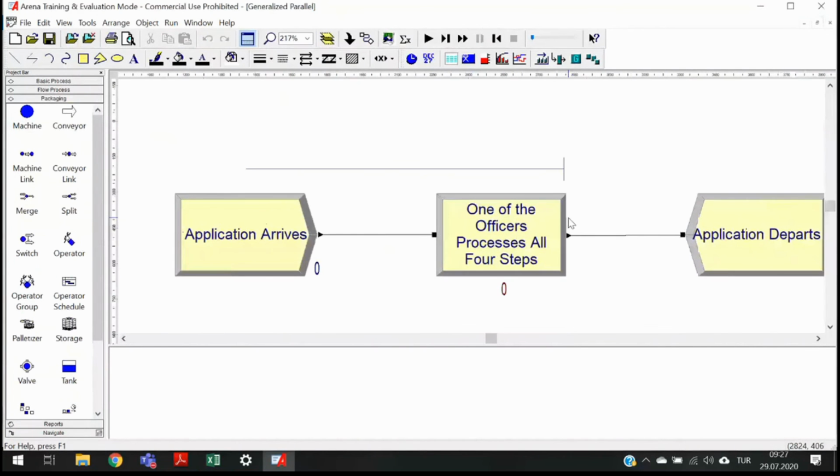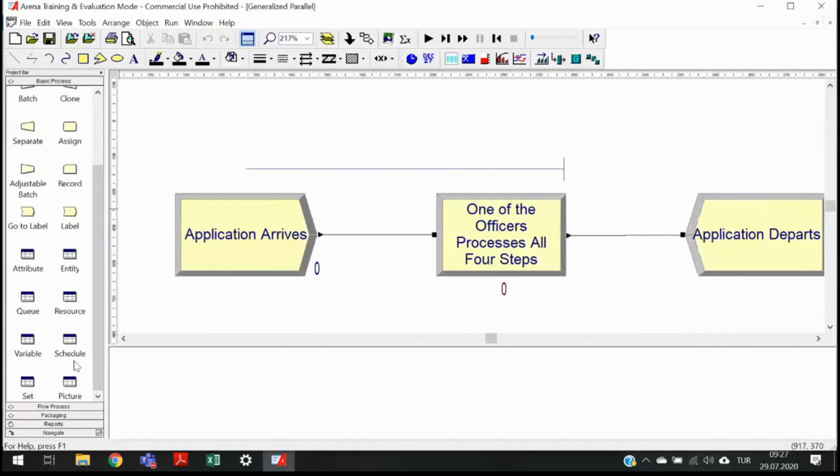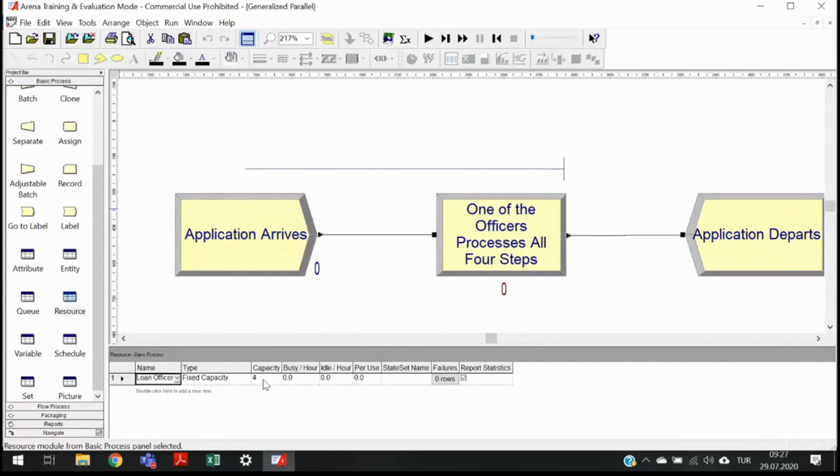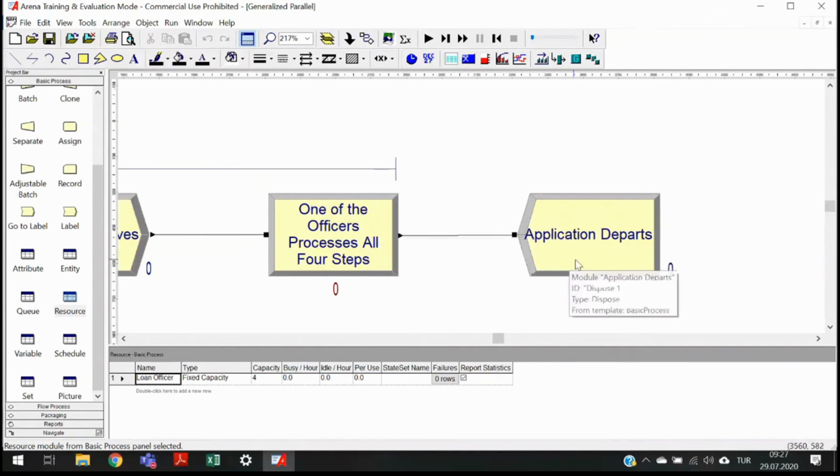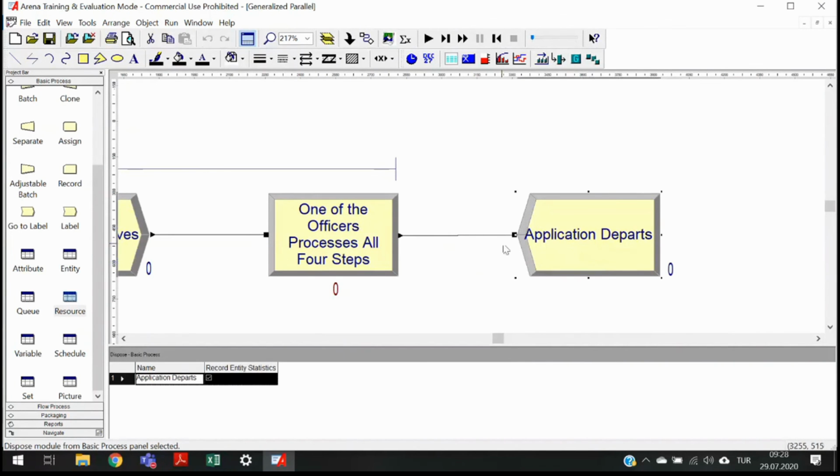So let me show again in basic processes the resource. From the resource spreadsheet view, I need to change the capacity of the officer. The name of the resources here are loan officers. Now I have changed it to 4. And then I need to add a departure procedure connected to that, because anybody who leaves this process is going to depart. If I double click on that, you can see that only the name should be written in a disposal module.